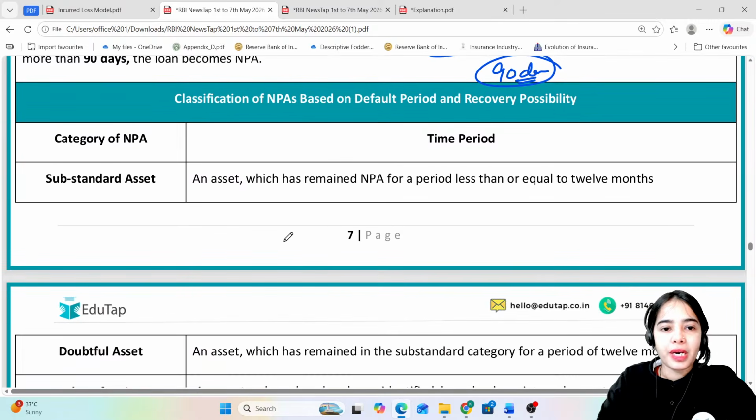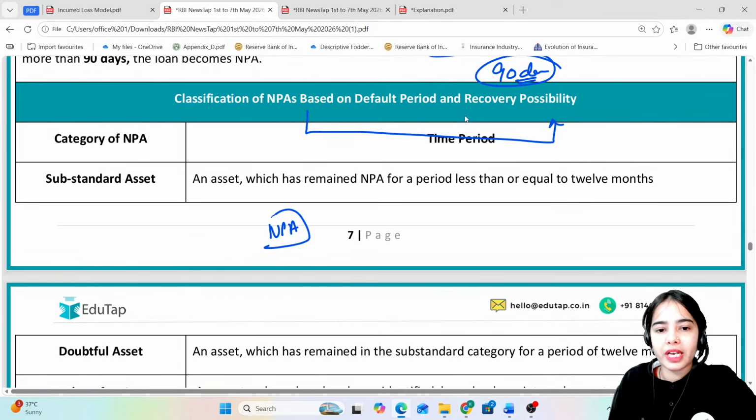Now coming to the last part, the classification of NPAs based on default period and recovery possibility. We have discussed the different criteria for when a loan becomes NPA.